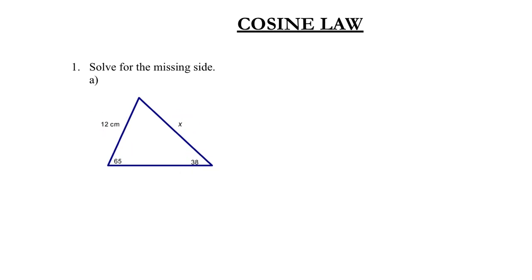So I am looking for that side X. So I'm going to put that on top. And so on the bottom then, I need to compare that to the sine of the corresponding angle. And I know that that ratio is true throughout my triangle.